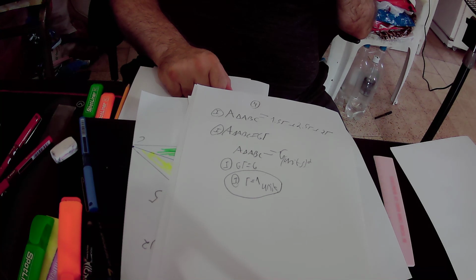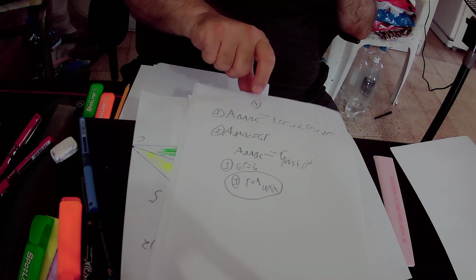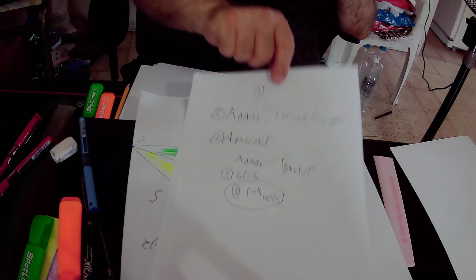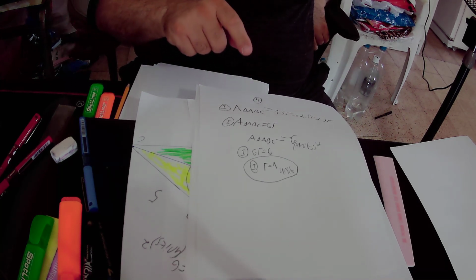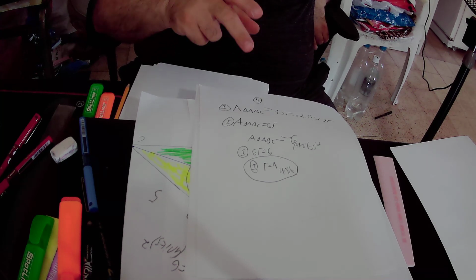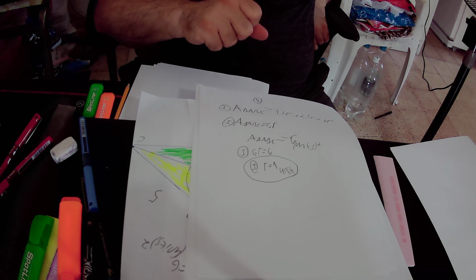The total sum of the three triangles, the green triangle, the yellow triangle and the orange triangle, equals the area of the triangle ABC that contains those three triangles.